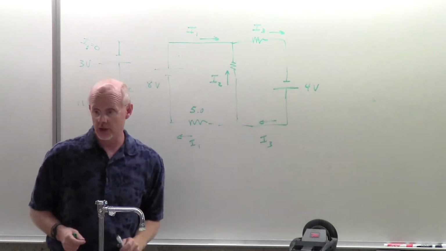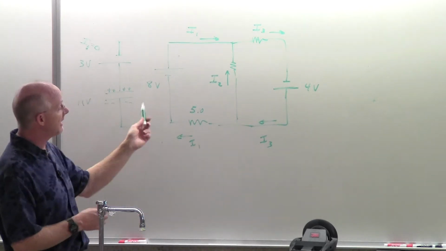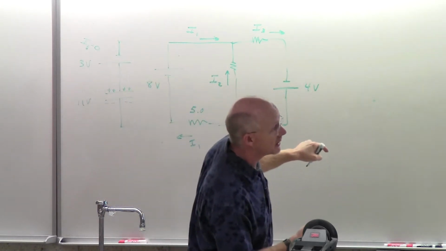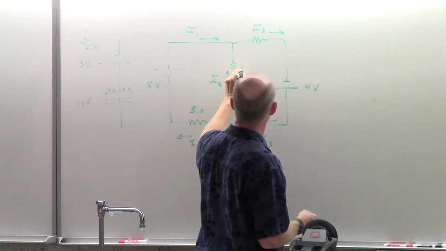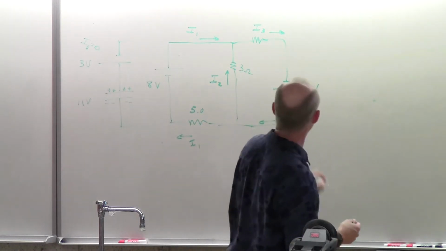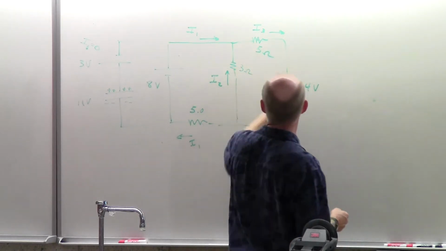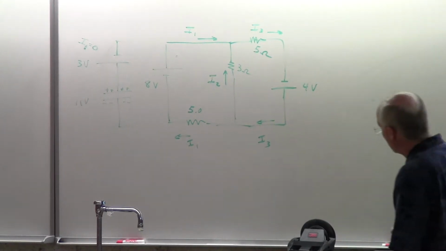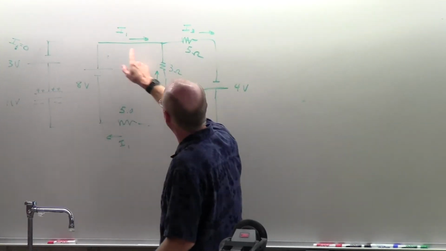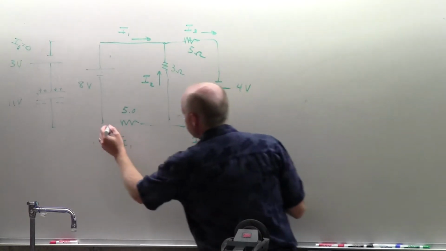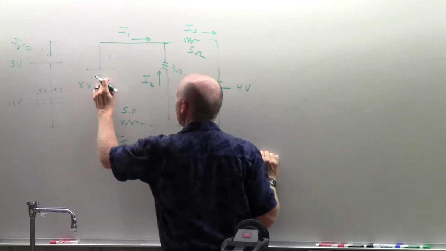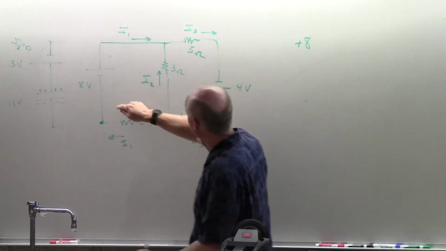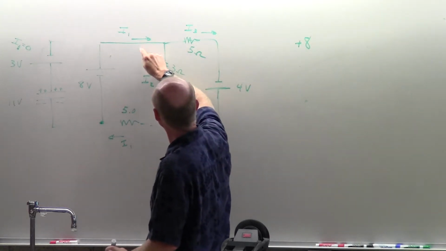I need 3 equations. If you look at your loops, we can do a left and a right. Let's see, I put a 5 here. This is a 3 ohm here, and this is a 5 ohm up there. As I write these out, maybe I'll start here and go across to that battery. So there is a +8.